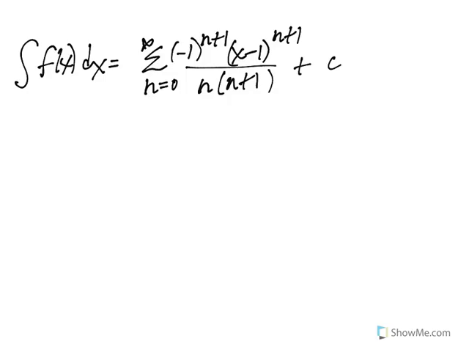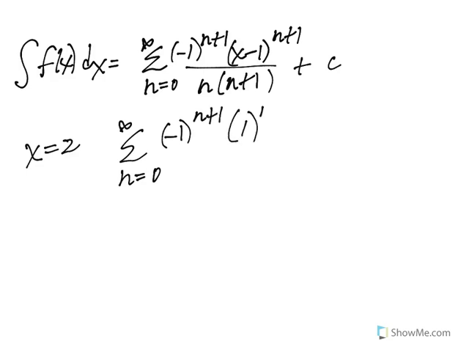So it's power plus 1 over power plus 1. And now all I've got to do is check the other endpoint. That's at x equals 2. So I'll take my power series and plug in 2 for x. This is 0 to infinity, negative 1 to the n plus 1. This is going to be 1 to the n plus 1 all over n times n plus 1. I've got the c out there, but it doesn't impact convergence or divergence. It's just a single term.